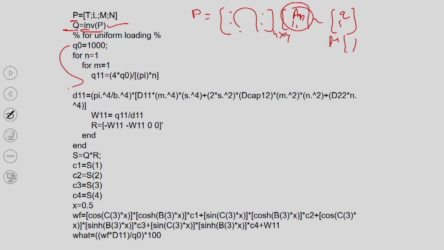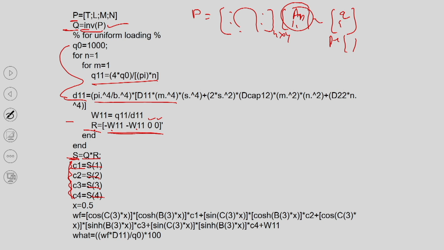Then you obtain an R matrix, the loading vector. For a UDL case this will be like this, and ultimately when you take a derivative, since that is a constant, the loading along that will become 0, with only contribution in this form. So the solution will be Q multiplied by R, and then you can arrange C1, C2, C3, the 4 unknowns S1, S2, S3, S4.